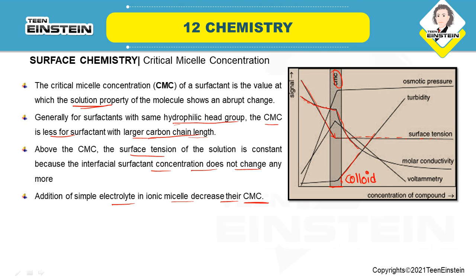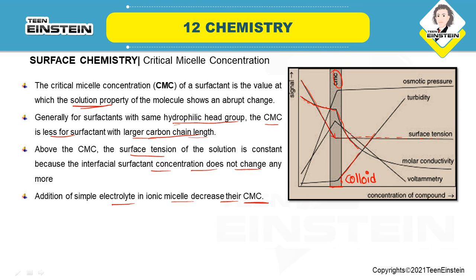And when CMC is reached, the number of particles abruptly decreases, because now there will be only micelles. The particles are large, but their number has decreased. So if we consider individual particles, the number is decreased, so obviously conductivity will also decrease.